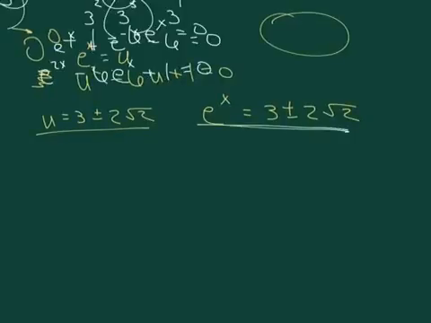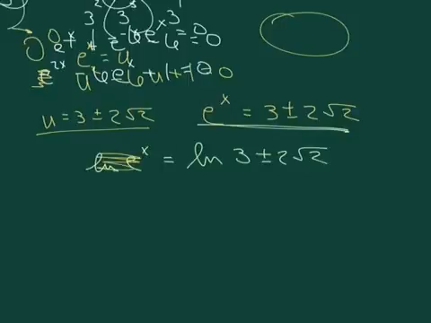This is what we ended with. So if I take ln of e to the x, it equals ln of 3 plus or minus 2 square root of 2. That's what you do when you're in exponential form and you want to continue solving. You take the common or natural logarithm depending on what you're looking at. Remember, when we take the natural logarithm of e to the x, we just get x.